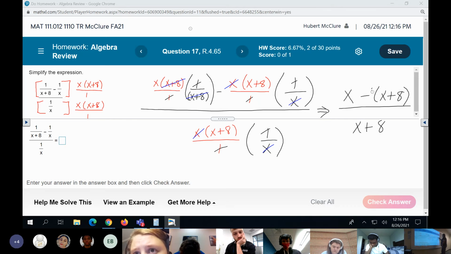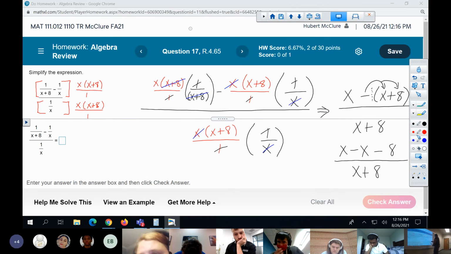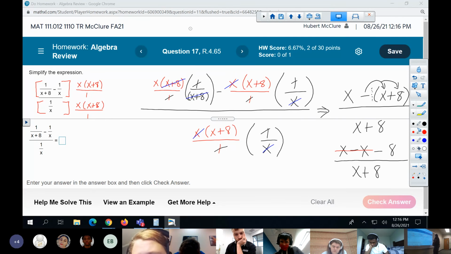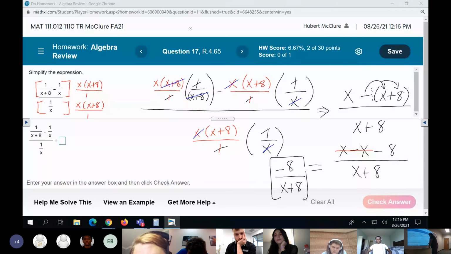Distribute this negative 1, because that's got to be distributed to get rid of those parentheses. So x minus 8 over x plus 8. And what happens to the x's? They cancel, and you're left with negative 8 over x plus 8. Now see, that wasn't hard at all.